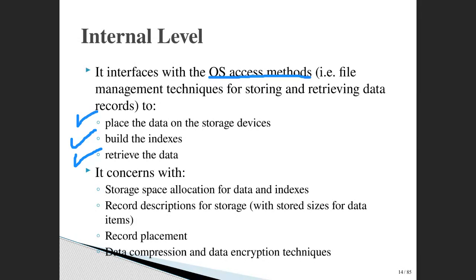So it works with operating system access methods, in order to place the data in the storage devices, to build indexes, and to retrieve.